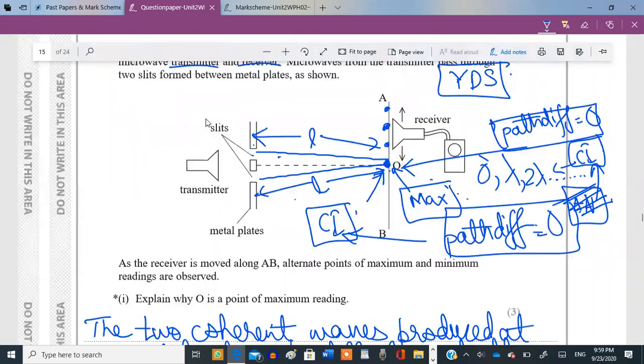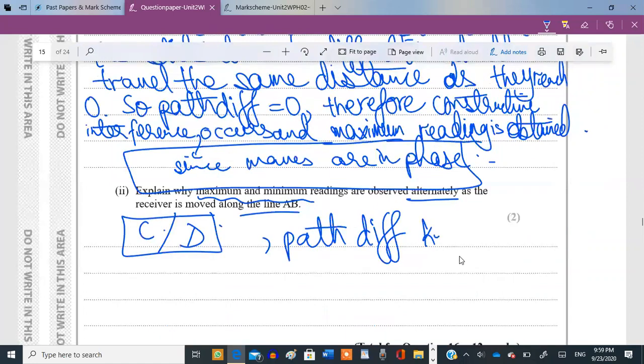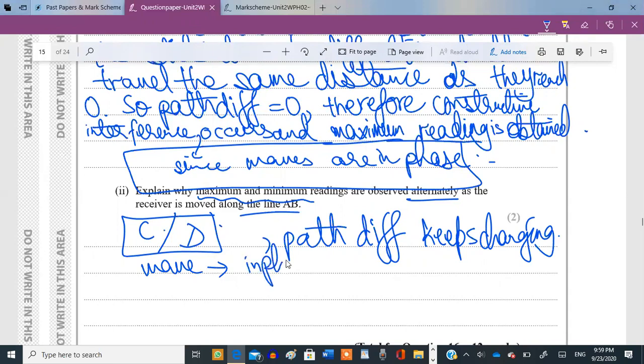That is because at different points, the path difference between them would keep on changing. There are points in which the waves are in phase, which would result in maximum readings, and the points where the waves are out of phase result in minimum readings.